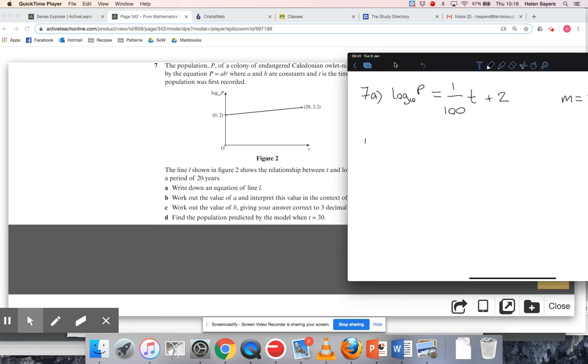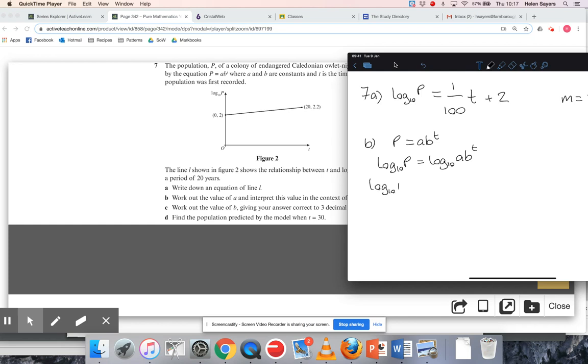The exponential model was p equals ab to the t. I want to take logs here because they've linearized this. If you already know the results, that's absolutely fine, you might not need to take logs, but I'm going to go through the whole method. So I'm taking log to the base 10 of each side.